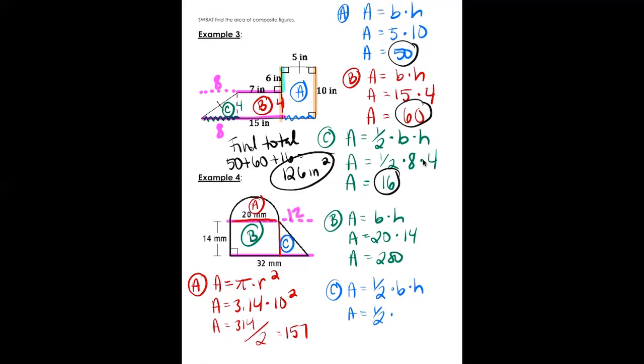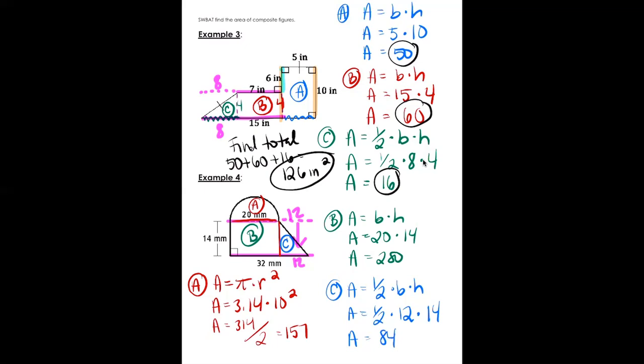The difference is 12. If that's 12, this is 12 because they're opposite. So my base of that triangle is 12 times the height, same height. If this is 14, this is 14 because they're opposite each other. So I'm going to use 1/2 times 12 times 14. And I get 84.